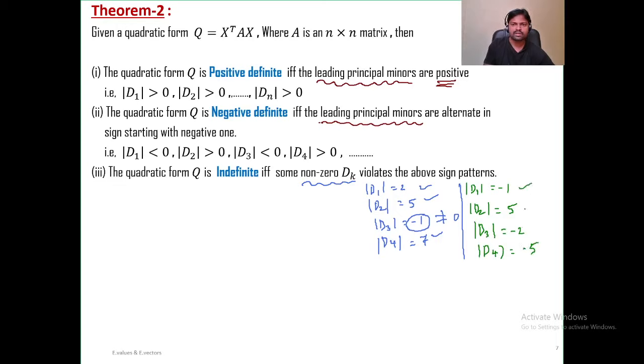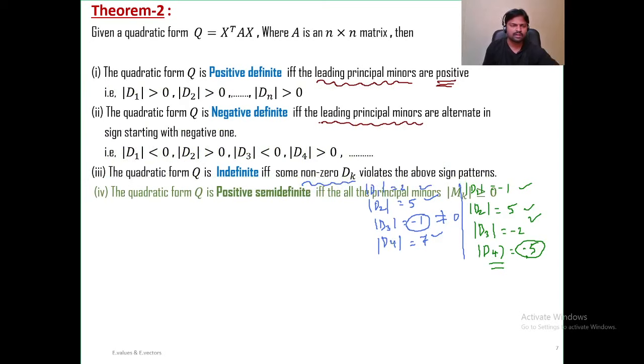This is okay, this is okay, this is okay: negative, positive, negative. The next one should be positive, but I got minus 5. So now D4 is disturbing. This non-zero Dk is violating the condition. Therefore, such a quadratic form Q is said to be indefinite. Okay, hope you understood this. Next one, I have to erase this, I think. Let me erase this.